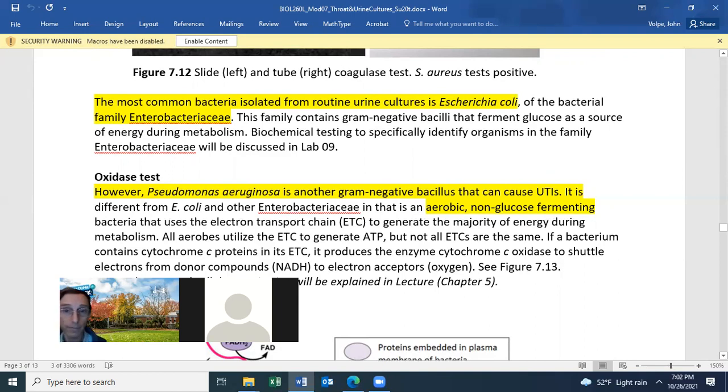So it's gram-negative, so you'll see it on the MacConkey's or EMB plate, but it's different than the Enterobacteriaceae because it's aerobic and it's non-glucose fermenting. All of the members of the family Enterobacteriaceae are facultative anaerobes, and they ferment the sugar glucose.